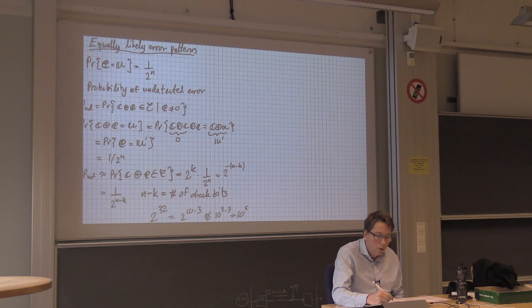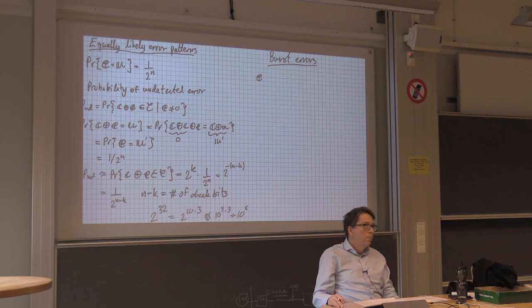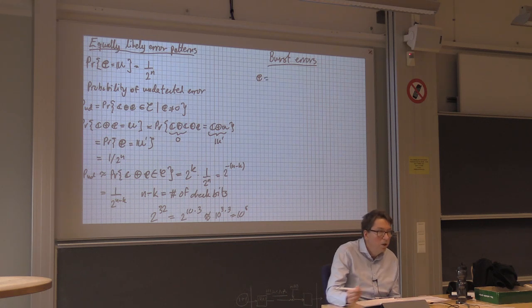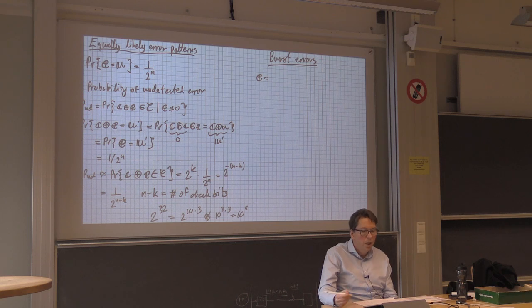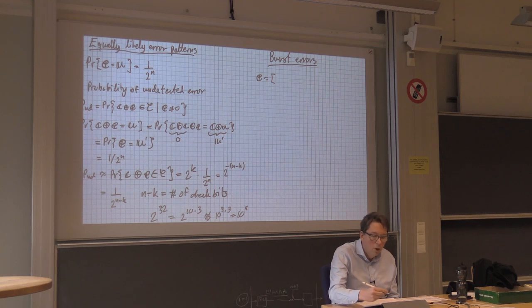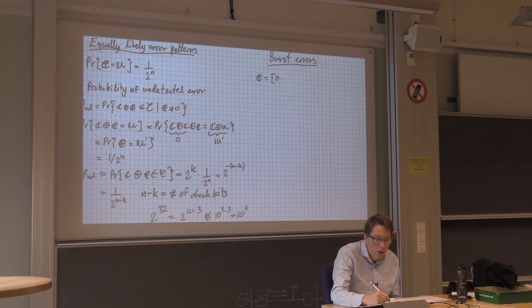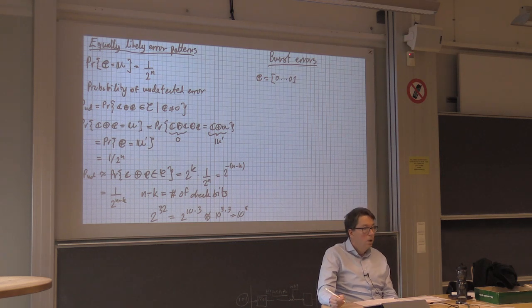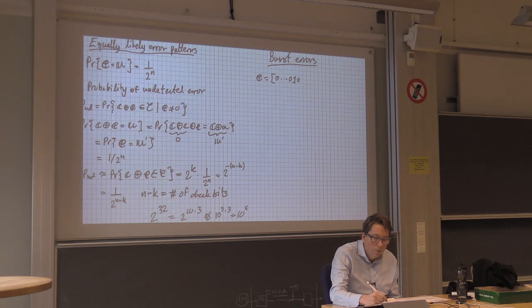And this is something called burst errors. A burst error is perhaps most easily explained with an example. So again, what is an error pattern in this case? The error pattern is zeros and ones in the error positions. So suppose we have no error until we get our first bit error here, and then there is a correct one.